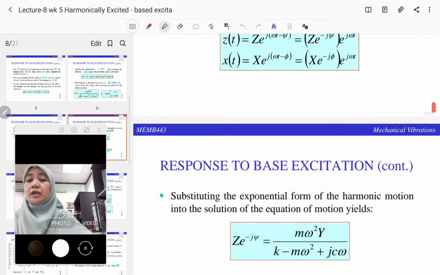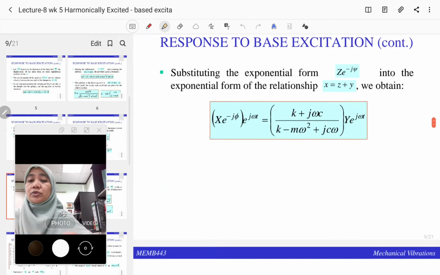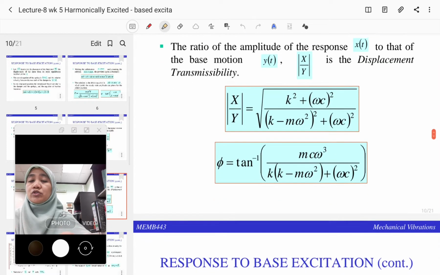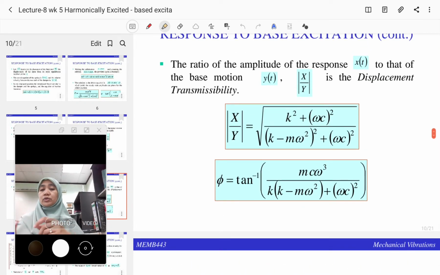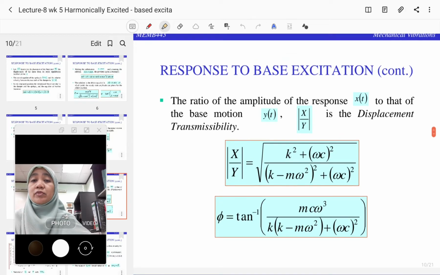If you want to derive the equation, you can refer further in the notes, but this is the relationship between x and y after we rearrange the terms just now, and we now express it in terms of x and y. There is an important term that we use here, which is what we call displacement transmissibility.